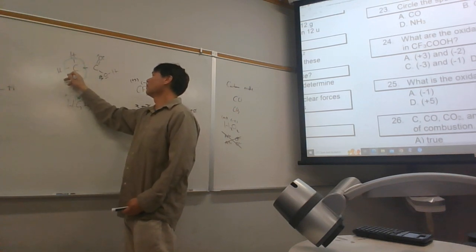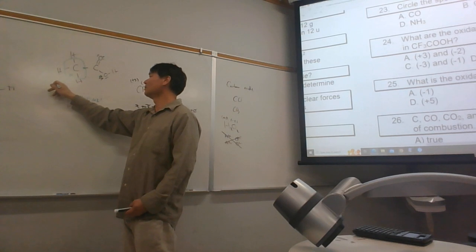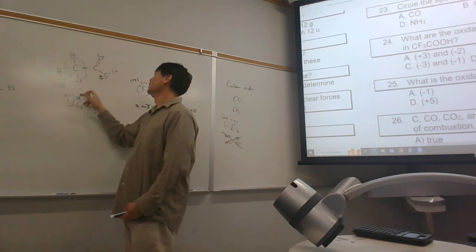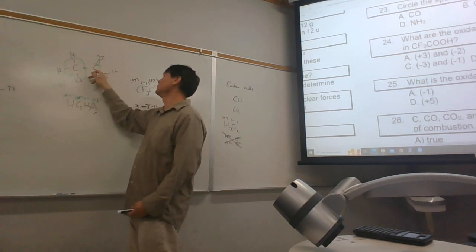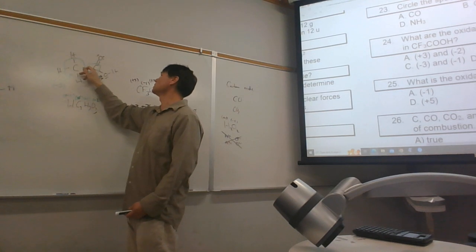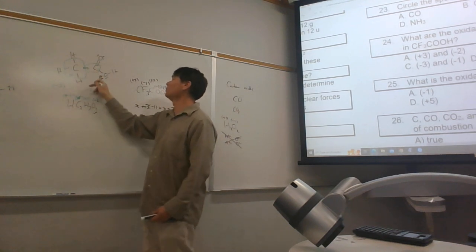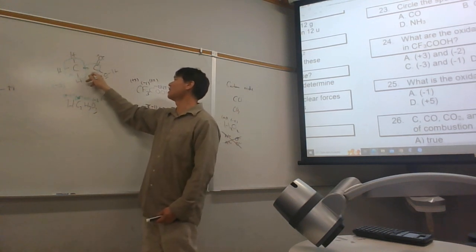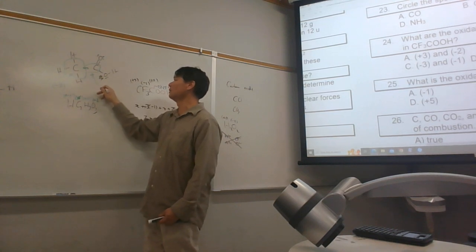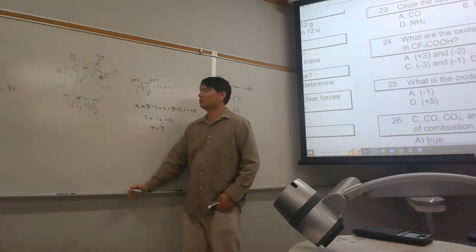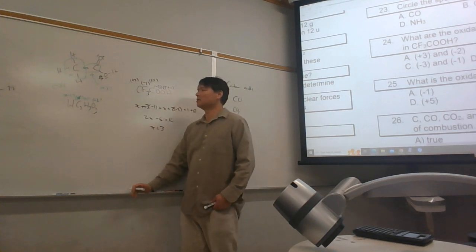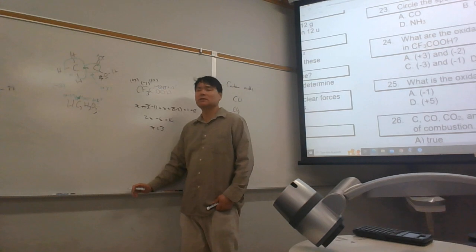Carbon's supposed to have 4, and it has 7, therefore its oxidation state is minus 3. And then we go over to this one, carbon versus oxygen. Oxygen wins. Carbon versus carbon, it's a tie. So this carbon ends up with only 1 electron. It's supposed to have 4, so this one's going to be plus 3. So the average doesn't always work, and we have to assign this using the structure.